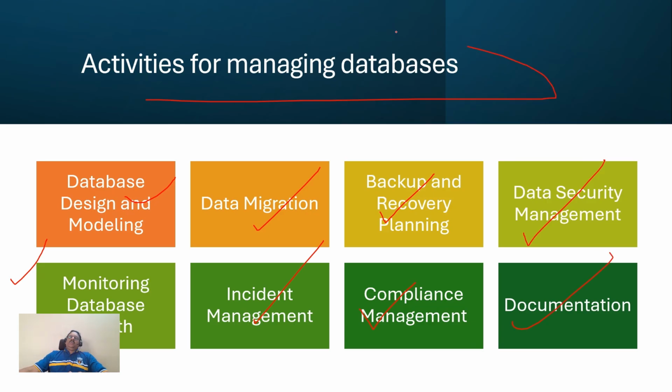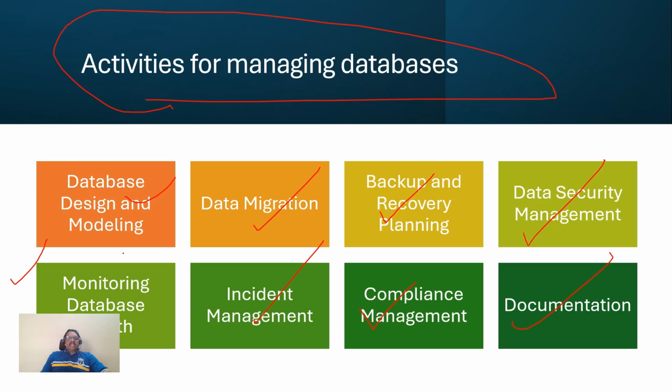So if I want to give an explanation of each of them, like what is database design and modeling, it is structuring data to support business processes and analytics. And data migration is moving data between systems or environments. So backup and recovery planning ensures data can be restored after loss or corruption.